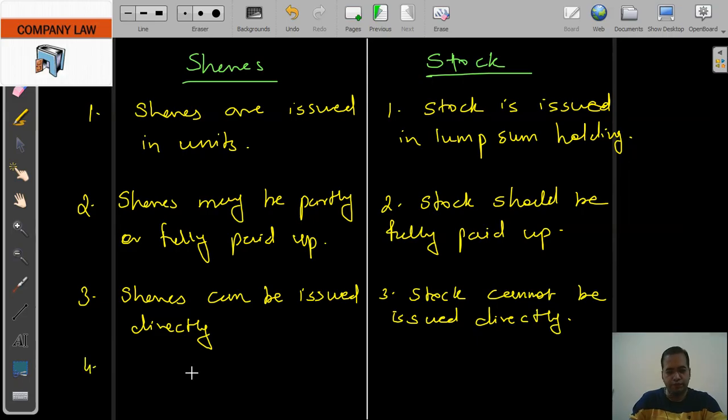Shares can be directly issued to the proposed shareholders, but stock cannot be. It is a conversion procedure which is possible in case of the stock, which should be in accordance with the provisions of the Companies Act. It is very clear.